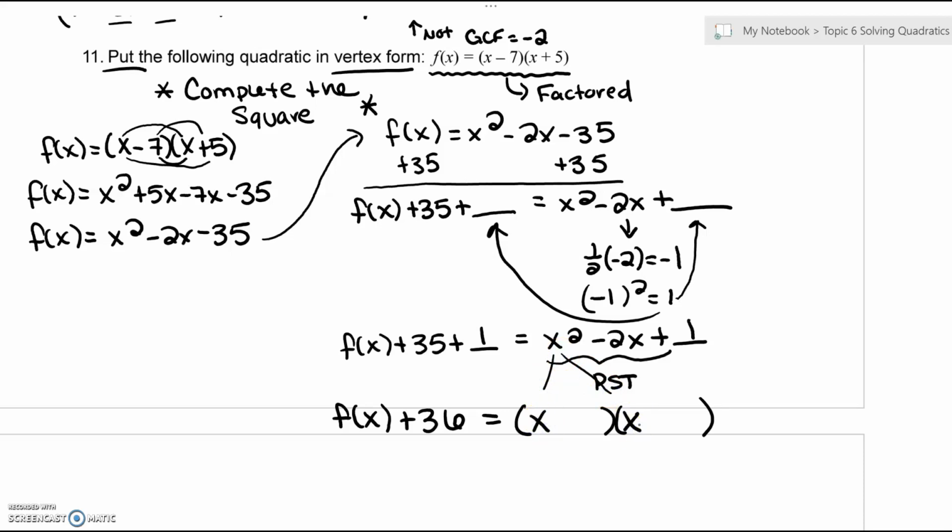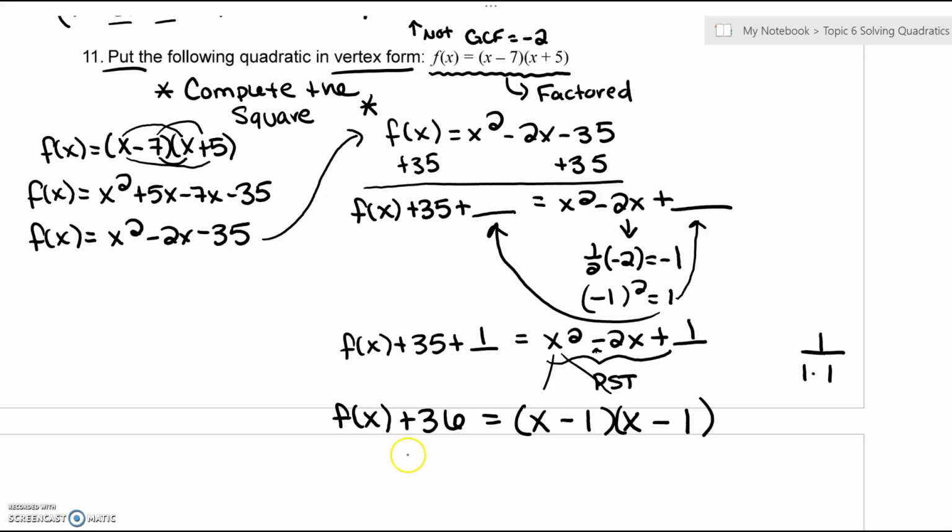The only way I can make 1 is to do 1 times 1. There's no other way. So I have 1 and 1, and then to make them add up to negative 2, they have to both be negative. And remember, PSTs, we were looking for identical factors, which is what we got, so we're good to go.